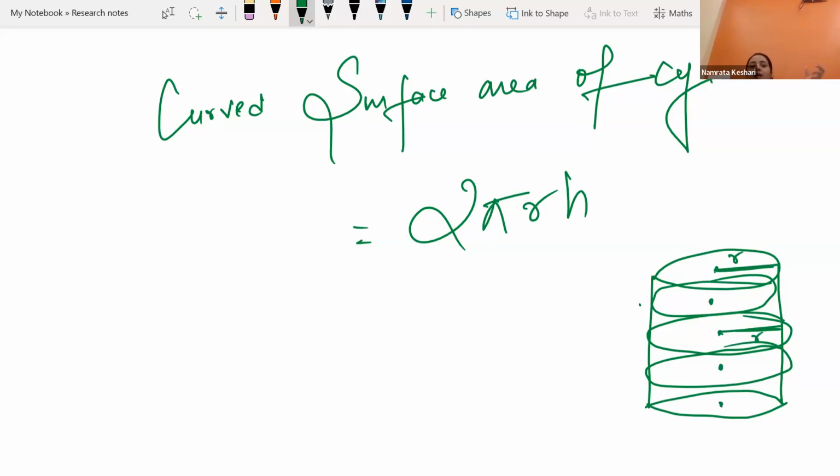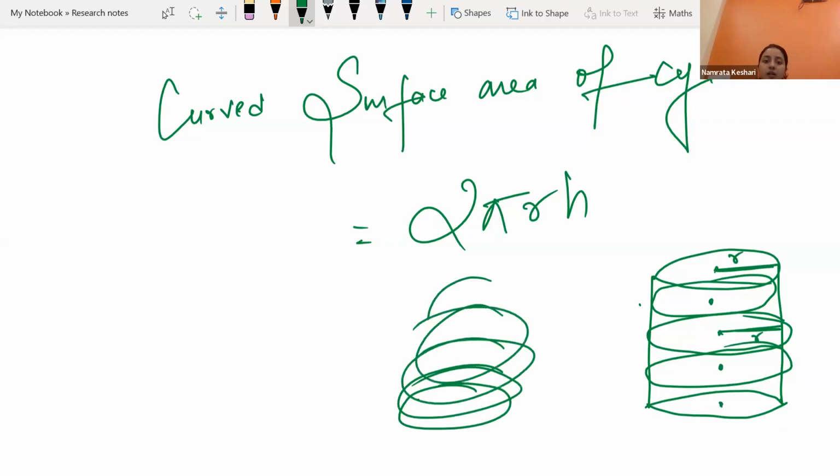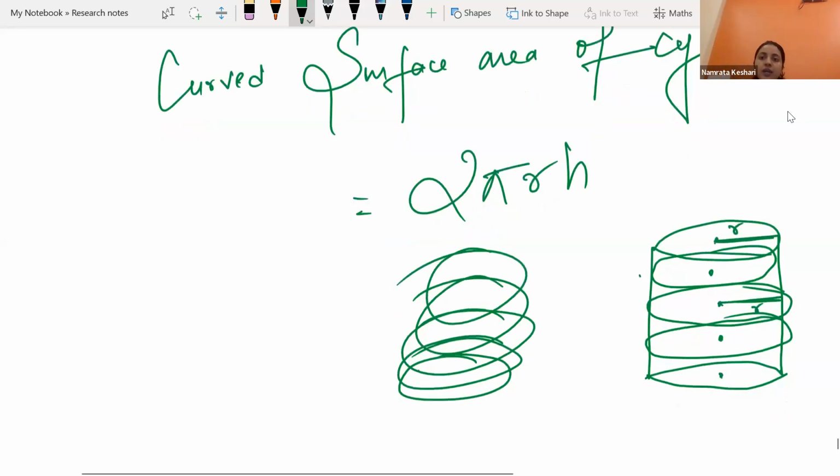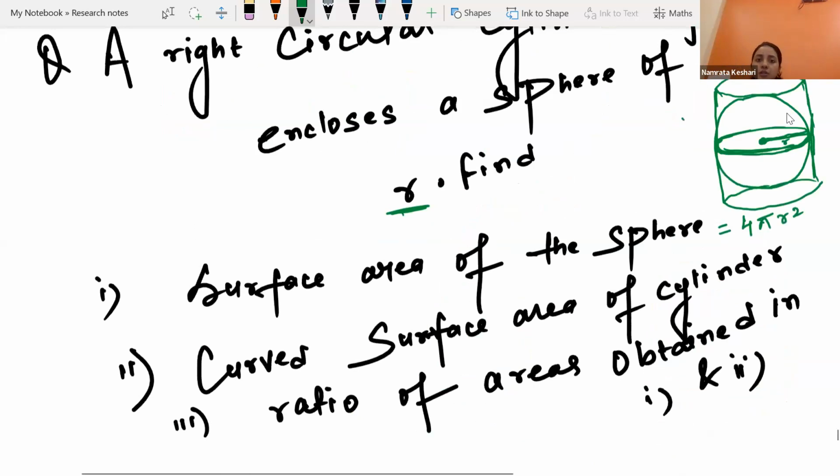You can get a cylinder if you have bangles. You start placing the bangle like this, one bangle, another bangle, another bangle, another bangle, and you will end up having a cylinder, a cylindrical shape. So you can understand all the circles are the same over here. Uniform we are having the circles.